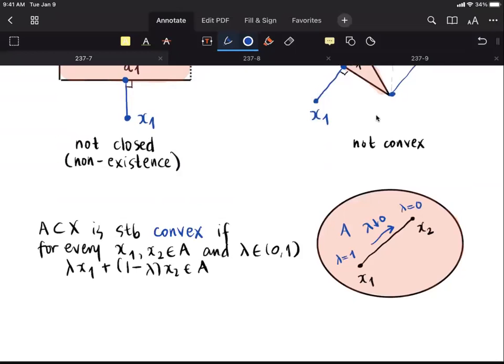So that is a convex set: for any two points in the set, the line segment passing through these two points lies in the subset A.